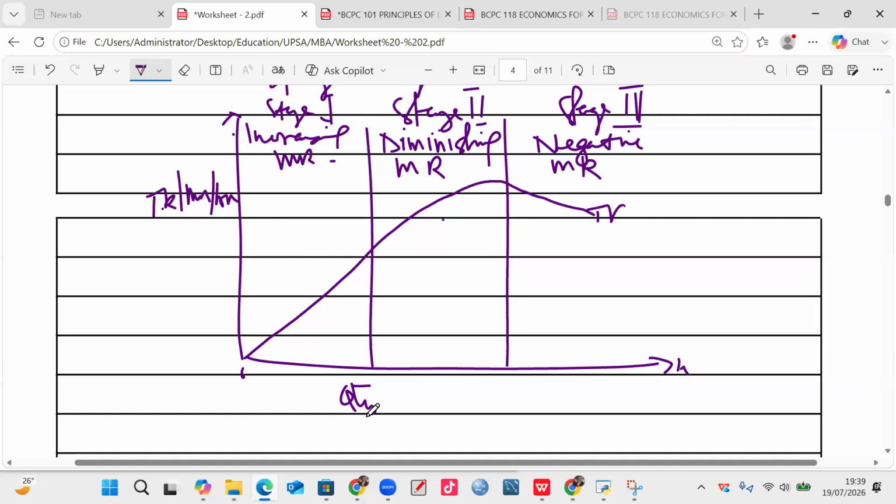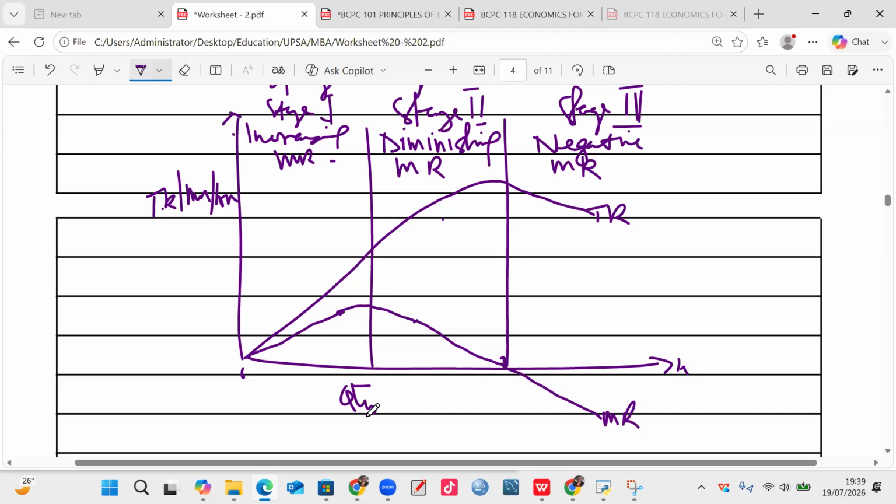Then the MR will increase; when it gets to the second stage, it will begin to fall. In the second stage, it will fall to 0, to the intersection here. Then in the third stage, it will fall to negative. This is called the MR.